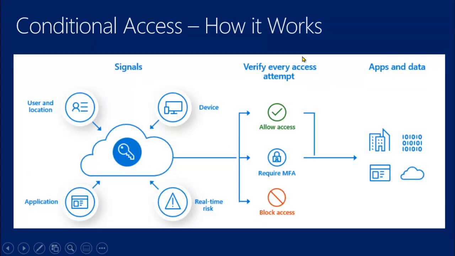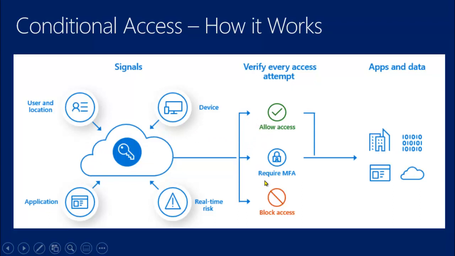So how does this really work? Here's a diagram that's in our documentation that I'm pulling up to give a visual of what happens. Basically you have a device out here and you have a conditional access policy. There are certain signals coming in, maybe detail from the device or user and where the user is located, certain applications that are on the device, any real-time risk that might be happening. All together, those signals are coming together, and the attempt is being made to access corporate data, right?